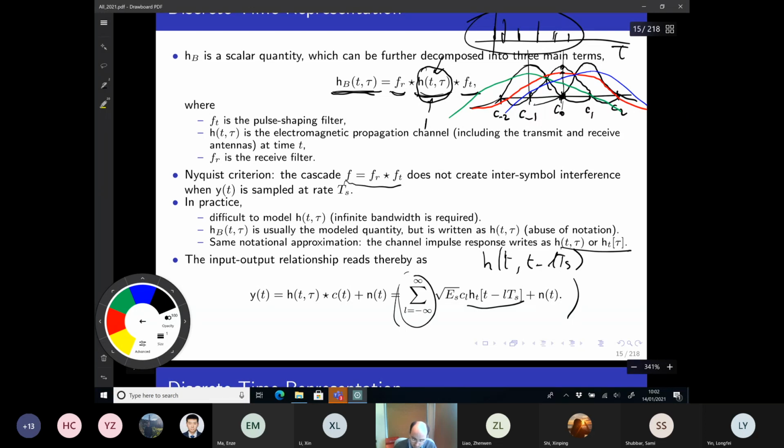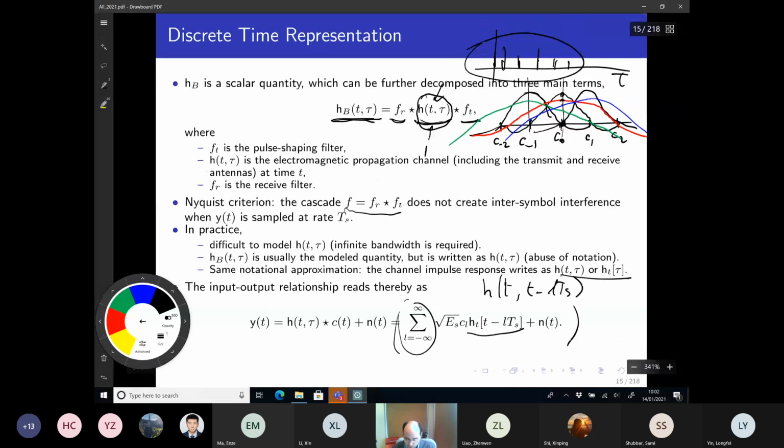So what that means mathematically is that at a certain time t, you will have a contribution from many symbols from minus infinity to plus infinity, and each of those symbols will be multiplied by a certain contribution of this impulse response, right?